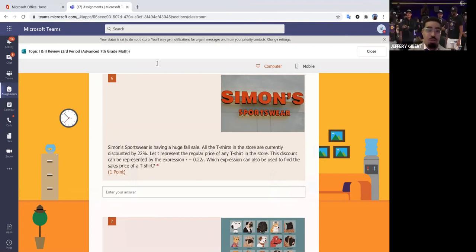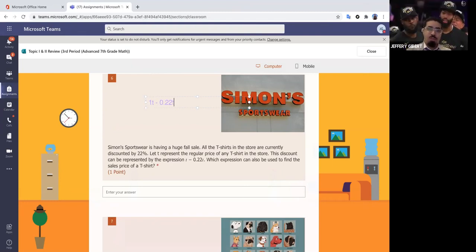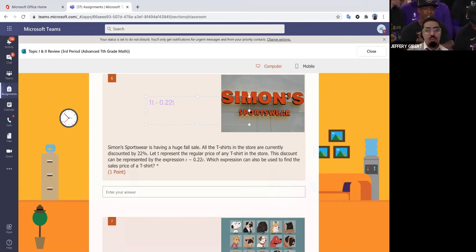We already went over that t means 1t. So all you're doing is 1 minus 0.22. What do you get when you do that? 0.21t? Not 0.21. Try your calculator. Put 1 minus 0.22.